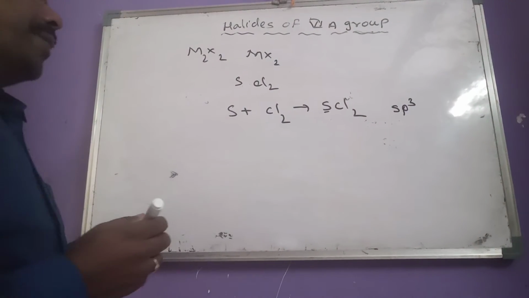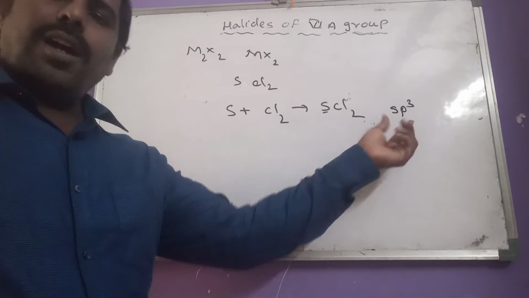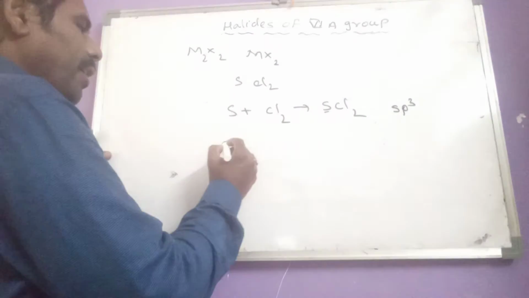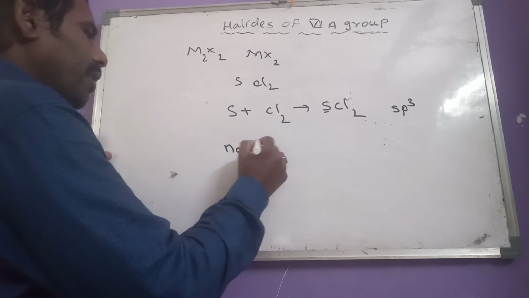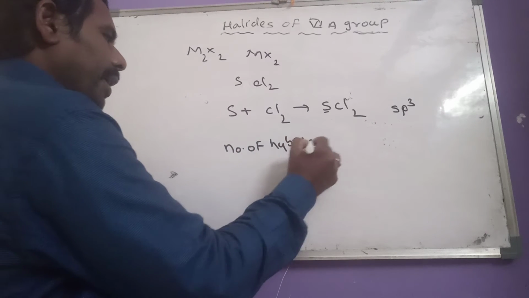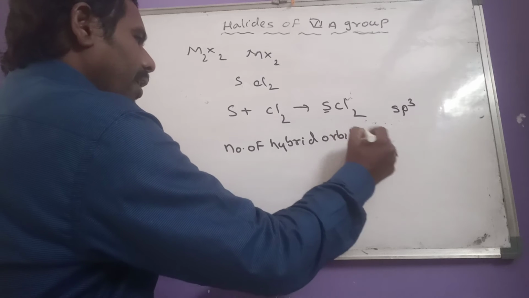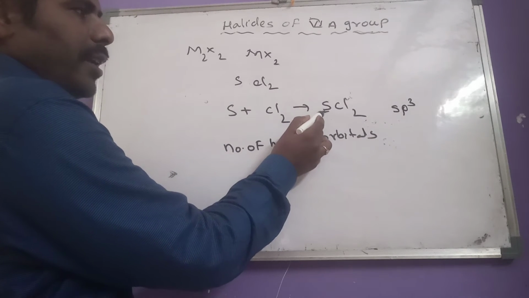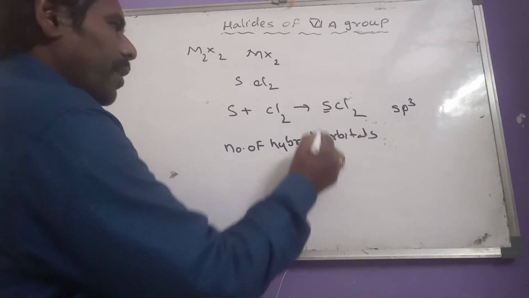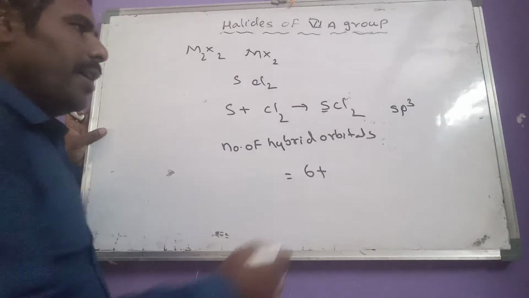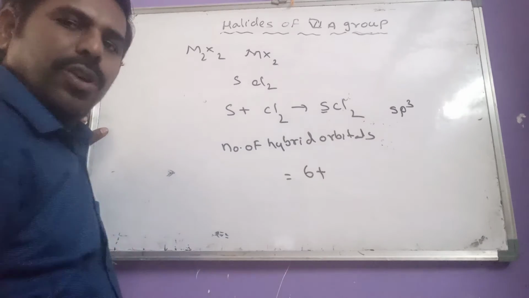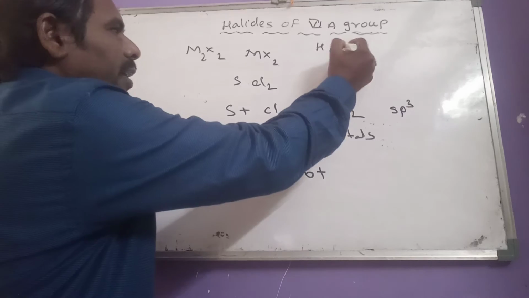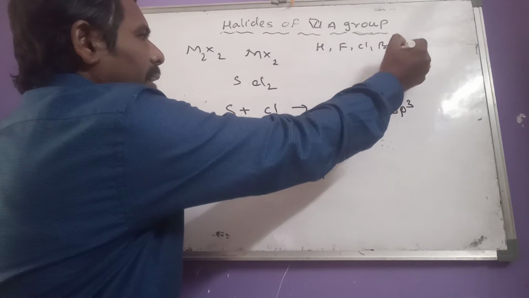So sp3 hybridization means, how to determine hybridization, I will give an example here. To determine the number of hybrid orbitals, what is the formula? Group number of the central atom, the group number of sulfur is 6, plus the number of monovalent atoms. Monovalent atoms means hydrogen, fluorine, chlorine, bromine, iodine.